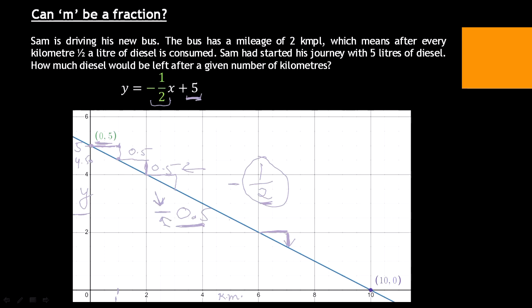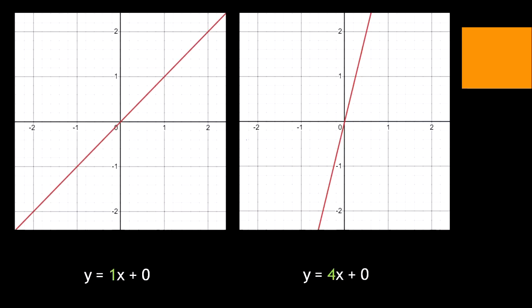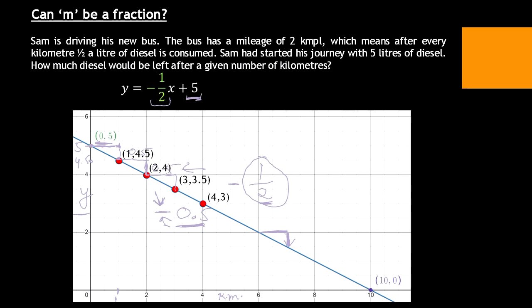So that is a simple meaning of a fractional value for our slope, and negative and positive, I hope you've understood. Let us look at a few. So these are the various points, and you can just look at how after every unit the y value is reducing by 0.5 units, right? So that is the simple meaning of a fractional slope.